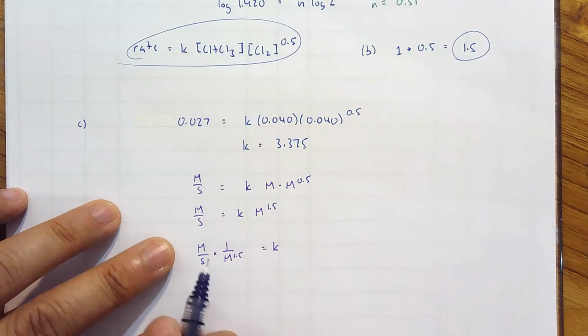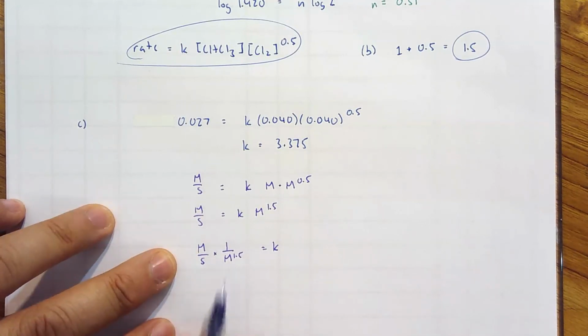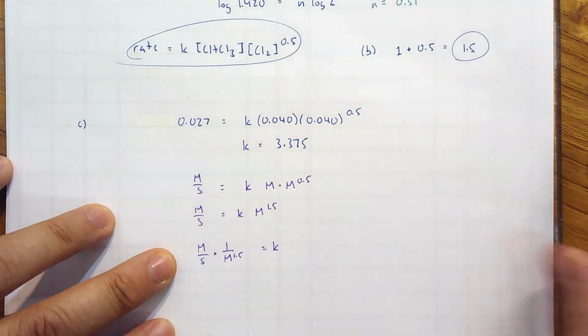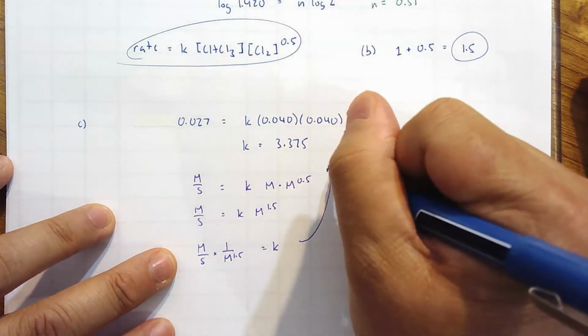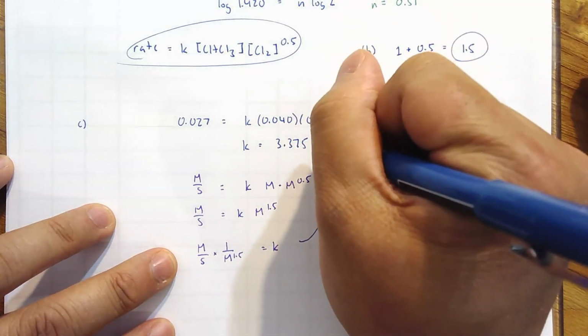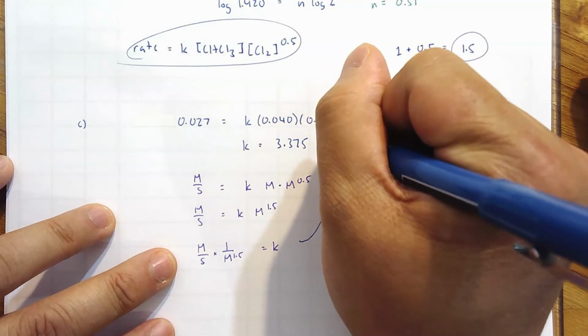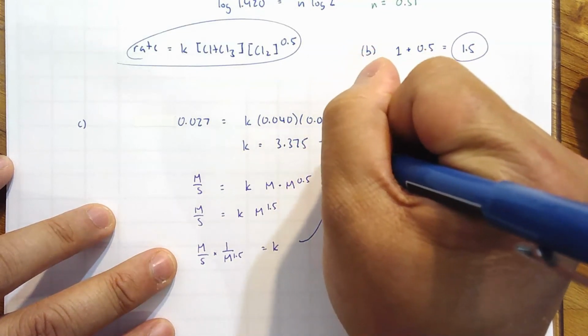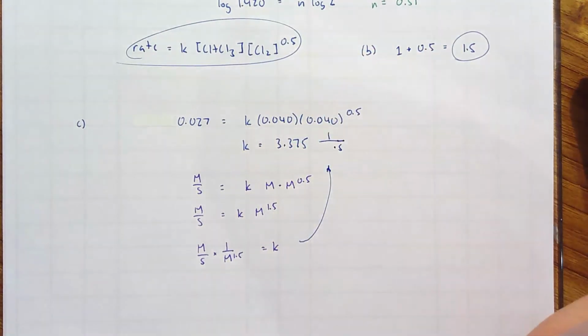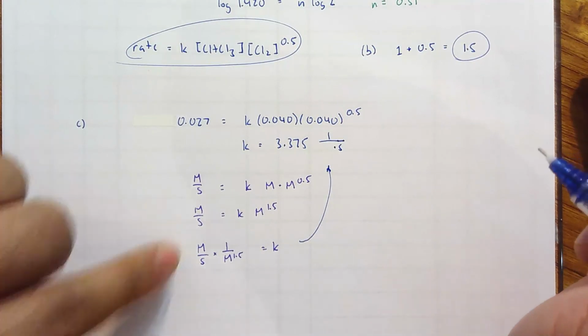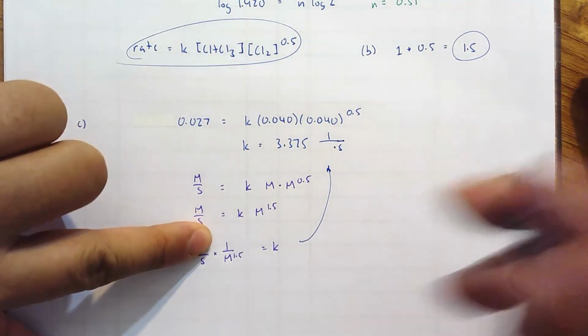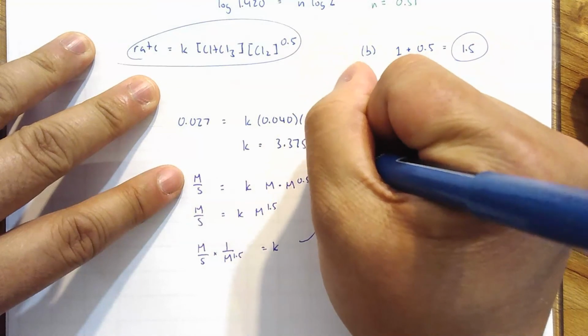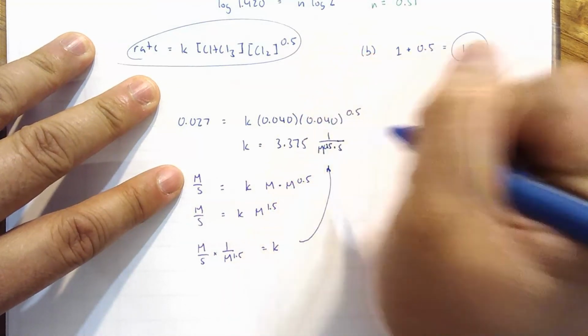What that means is that this M cancels out and we're left with 0.5. The units of K are, let's do the seconds here first. I know seconds is on the bottom. And then this cancels out, and then we're left with M to the 0.5.